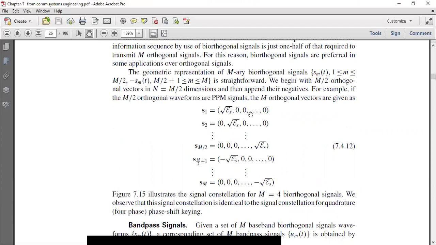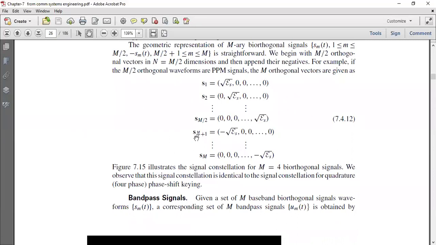The only difference is that we are taking two sets of signals. The first set is S1, S2 up to Sm by 2, and they all have equal energies on their diagonal elements, square root of ES, ES, and ES.